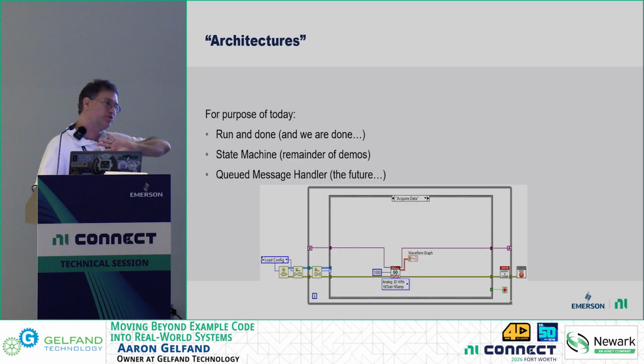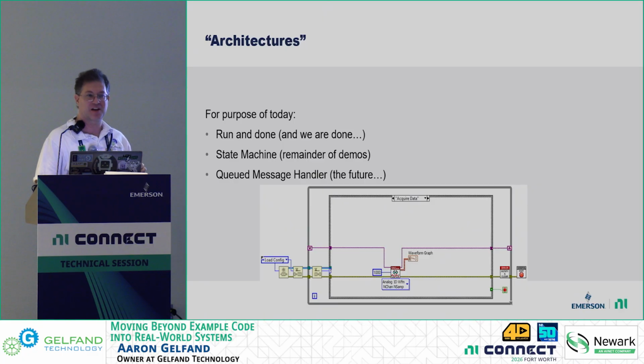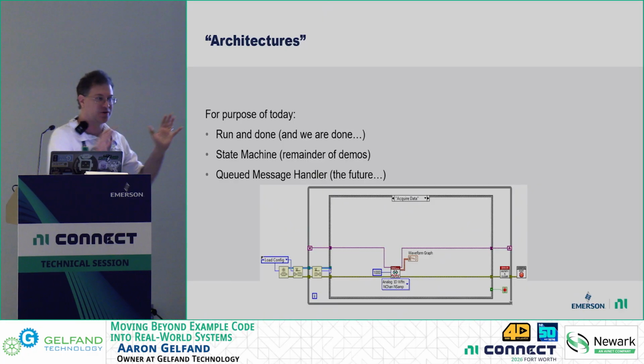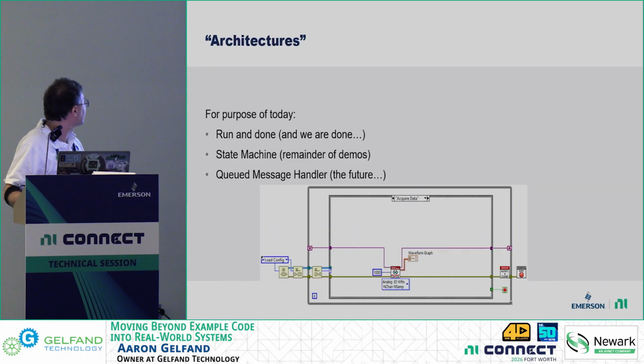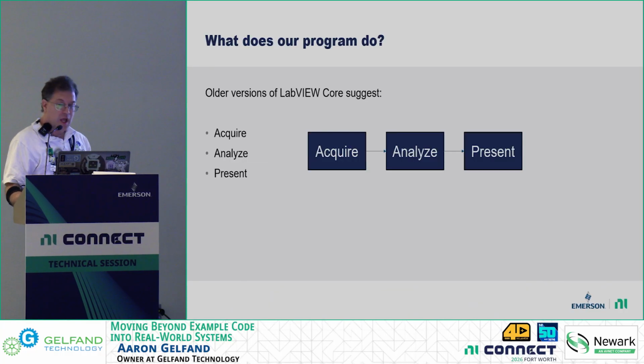Queued message handlers is when you really get into good level architectures, and we won't really be talking about that much today. We're getting you to the intermediate step, not to the expert step.